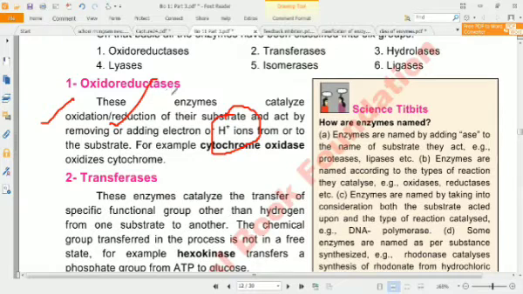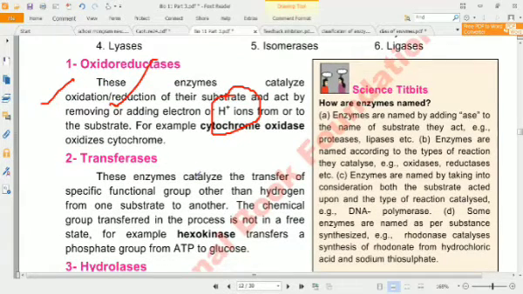These enzymes do oxidation-reduction reactions. For example, cytochrome oxidase oxidizes cytochrome, which is an intermediate compound in respiration. Then we have transferases.